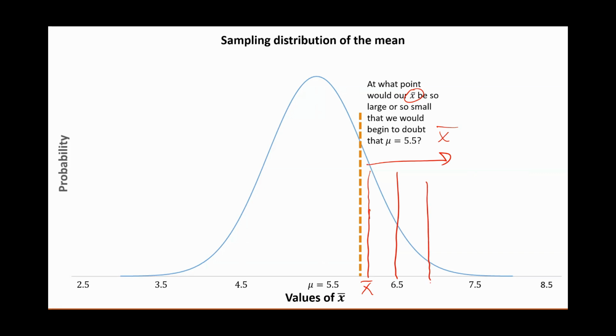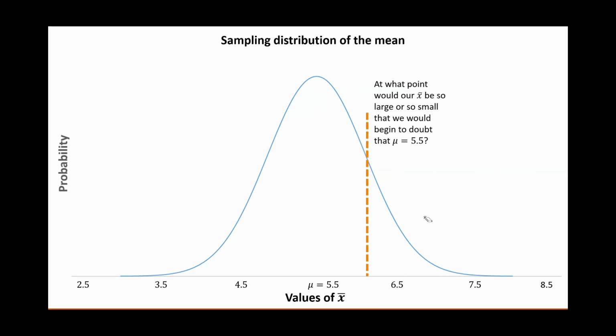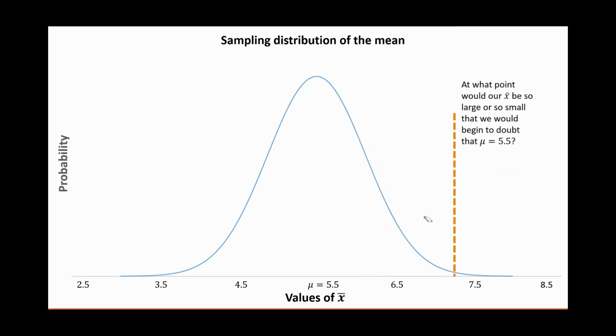How unlikely does our sample mean need to be before we begin to doubt our population mean, before we begin to doubt our null hypothesis? At what point do we begin to doubt it? Is it here? Is it somewhere along here? Is it way down here?